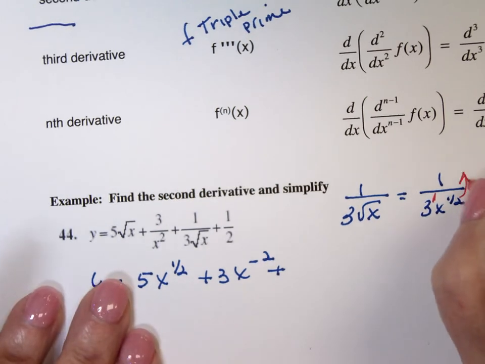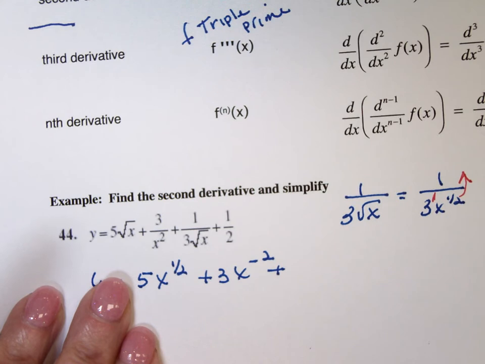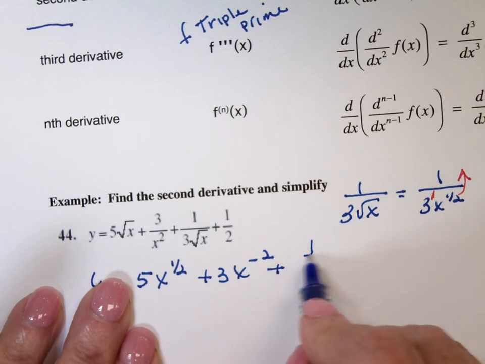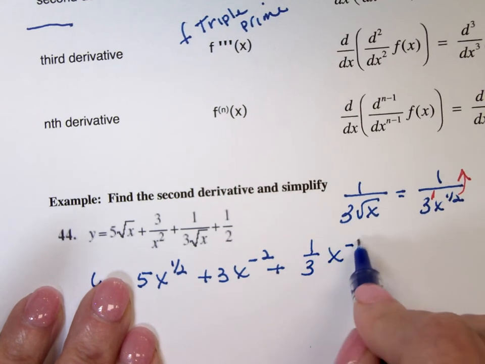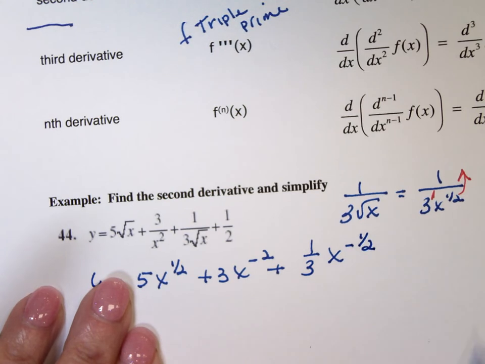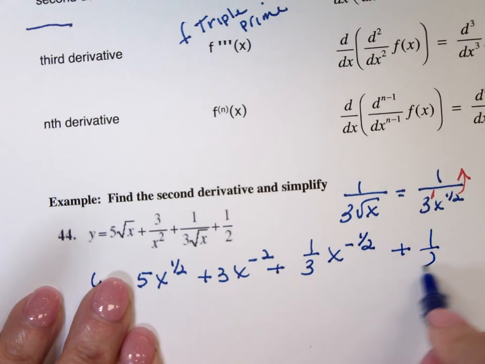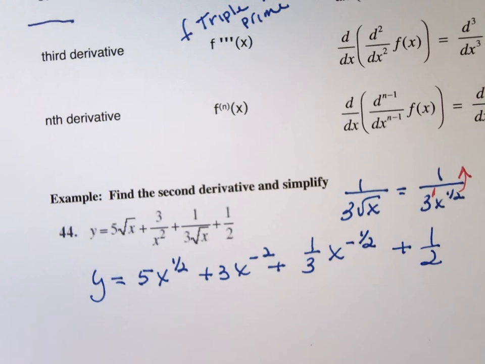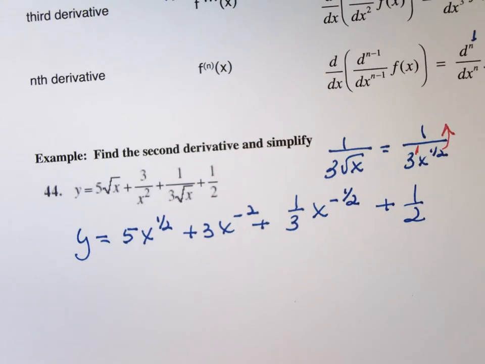It's the x to the 1/2 that's going to move to the top. So this becomes 1/3 x to the negative 1/2 plus 1/2. There is absolutely nothing other than practice that gets this down.